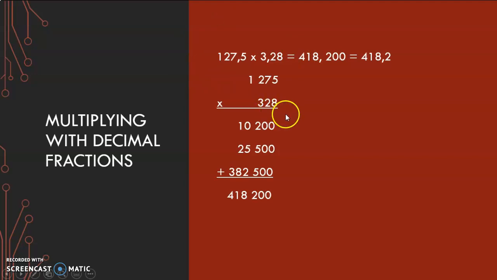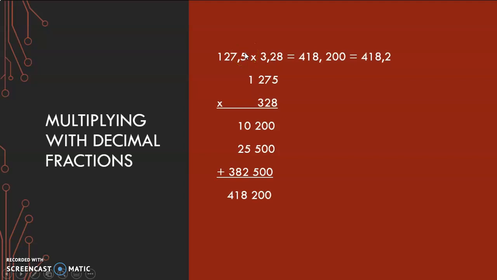Then it's just a simple multiplication sum. 1,275 times 8 is 10,200. 1,275 times 20 gives me 25,500. And 1,275 times 300 will give me 382,500. Then I add all of it, which will leave me with 418,200.